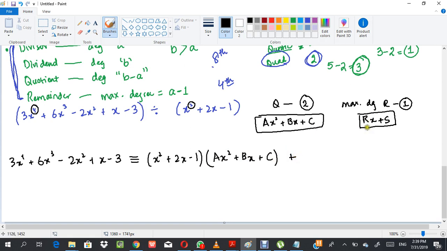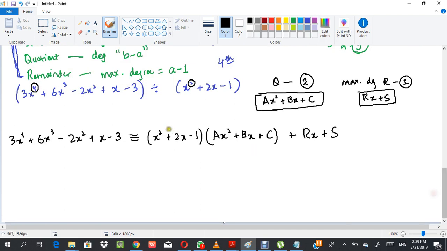Add the remainder, which is rx add s. Now the second step would be to multiply the right hand side here.